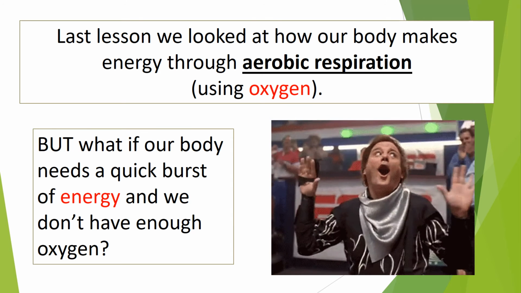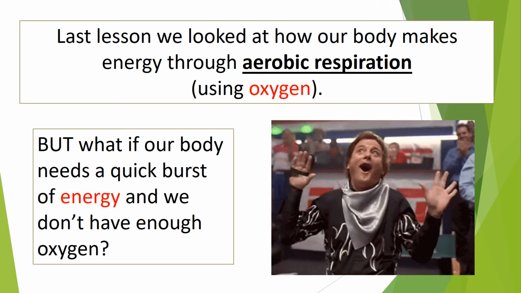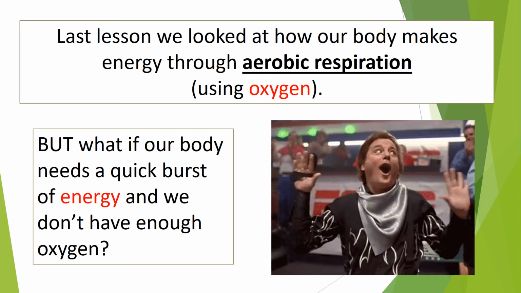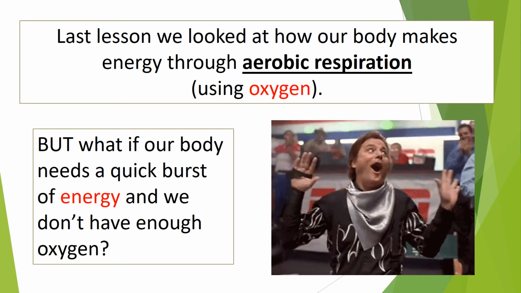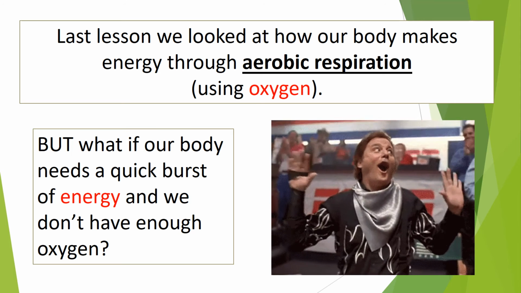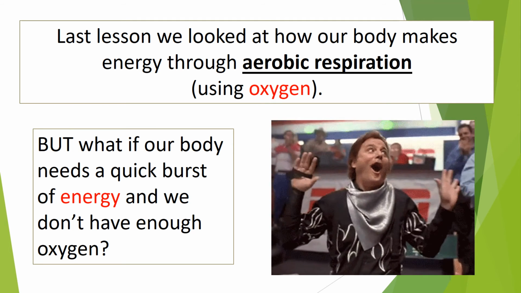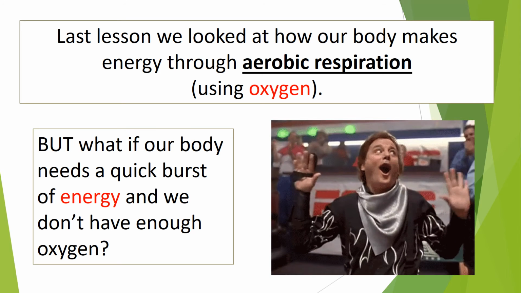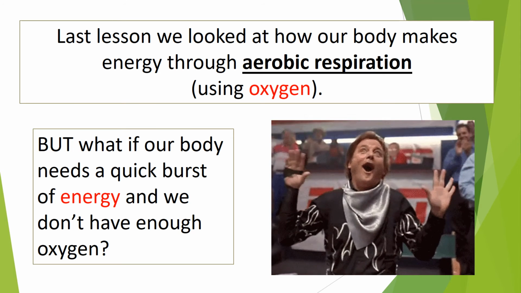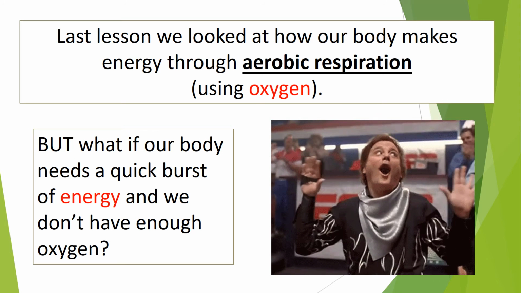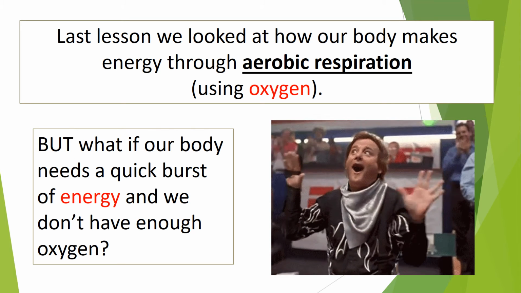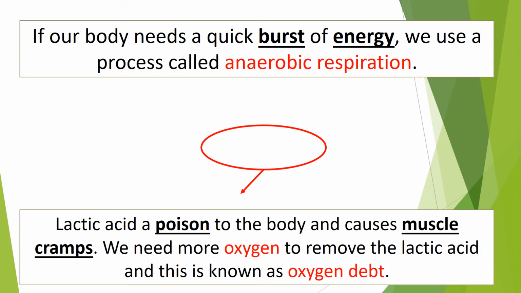Okay. So last lesson we looked at aerobic respiration and we talked about this using oxygen. But sometimes our bodies have to access energy very, very quickly, and there is not sufficient time to increase our breathing rate to deliver all that additional oxygen. So at this point, when we are in dire need of energy, our bodies can anaerobically respire.